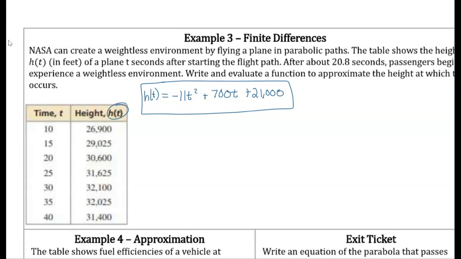Okay, now it wants us to evaluate after 20.8 seconds. So that's time. When we plug in 20.8, this just says I'm evaluating in 20.8 seconds. I'm basically just going to type this into my calculator to get the y value. So I'm going to do negative 11, use the parentheses exactly like I did.